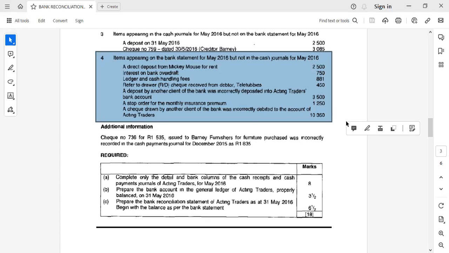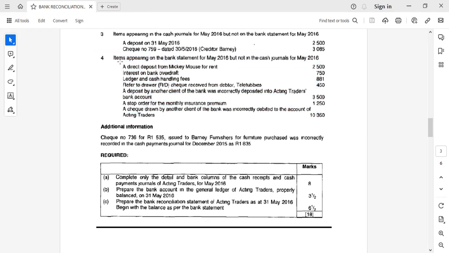So we've got a direct deposit from Mickey Mouse for rent, 2,500. A direct deposit means Mickey Mouse deposited money into our account, but we didn't know it. So we record it in the cash receipts journal because we are receiving money.